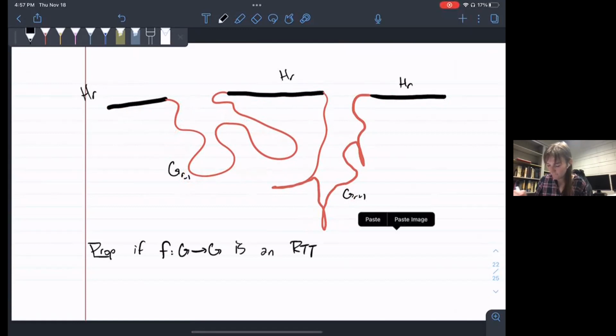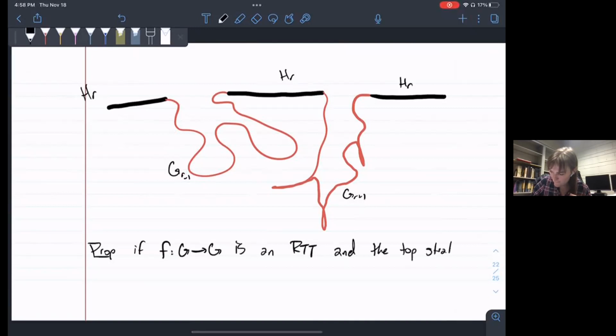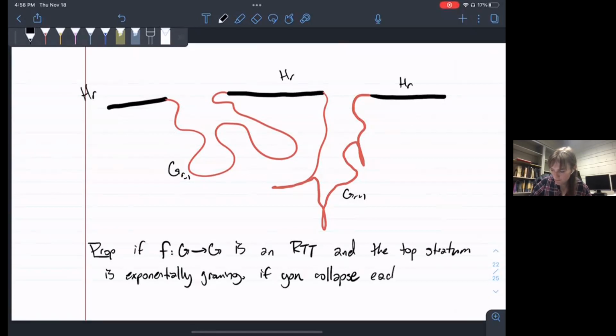If you have a relative train track map, and the top stratum is exponentially growing, if you collapse each component of the next highest stratum, you get a train track map.